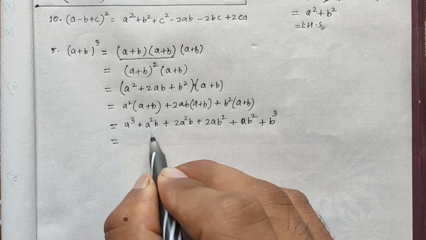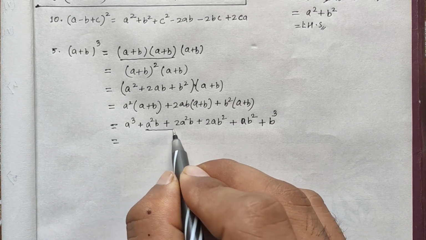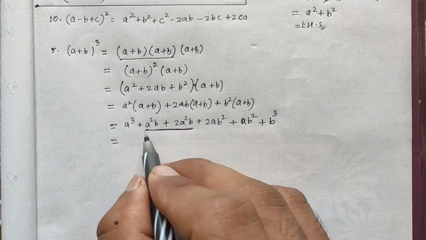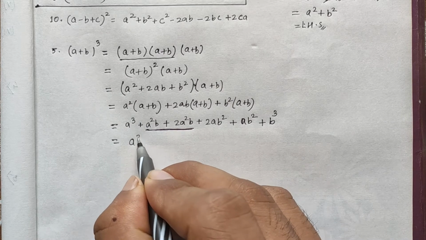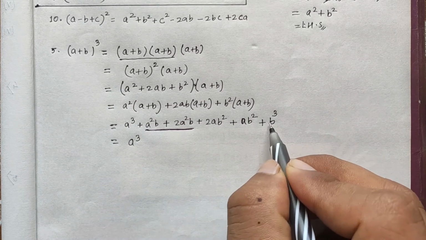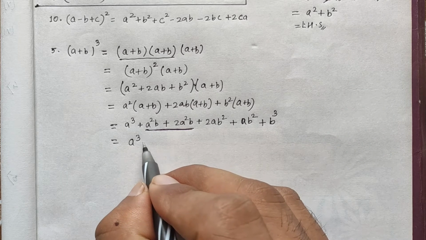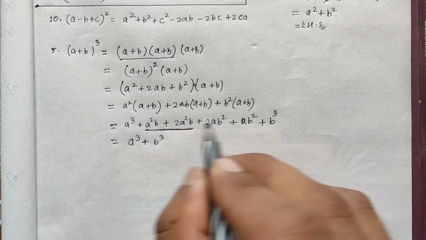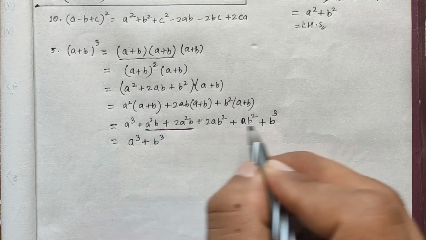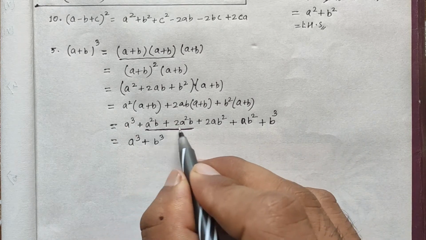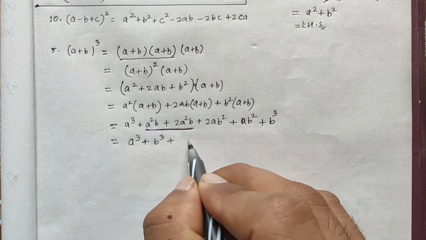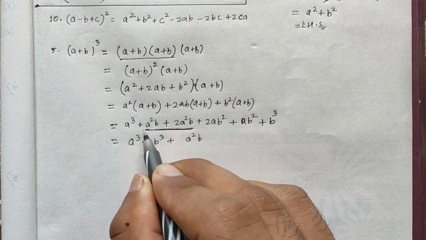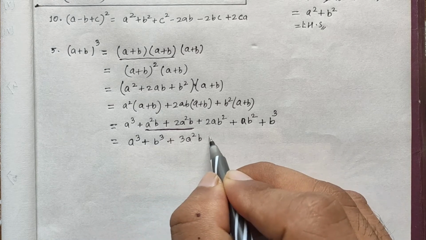Okay, now you can see the variables with similar power, the like terms, we will call them like terms, we have to add them, like a cube. Okay, and we can write b cube in the front, yeah, without changing the sign, b cube. So a square b plus 2a square b, their variable is same, a square b, so we have to add the coefficients, 2 and its coefficient is 1, so 3a square b.